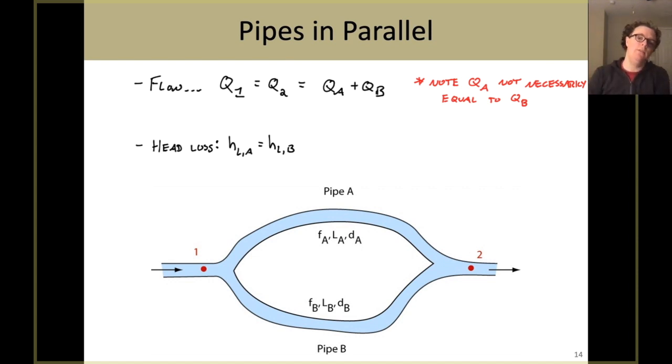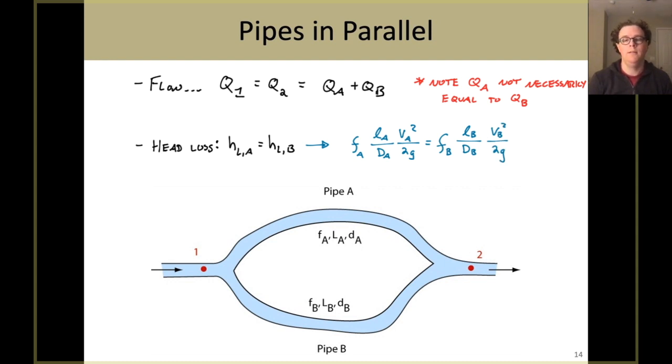So the head loss through each of those parallel sections of pipe is going to be identical. Or in other words, major losses through pipe A are going to equal major losses through pipe B. They can be made of a different material, they can be a different diameter, they can be substantially different lengths, and the flow will equalize or equilibrate so that the same head loss occurs through both of those sections of pipe.